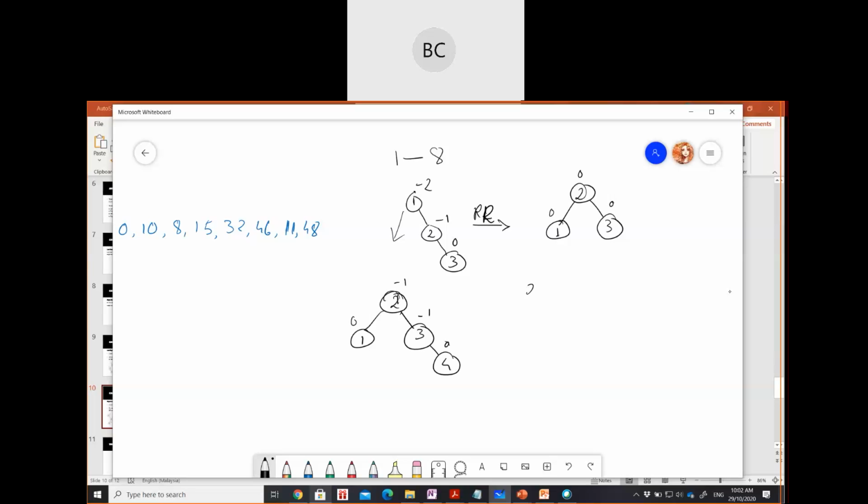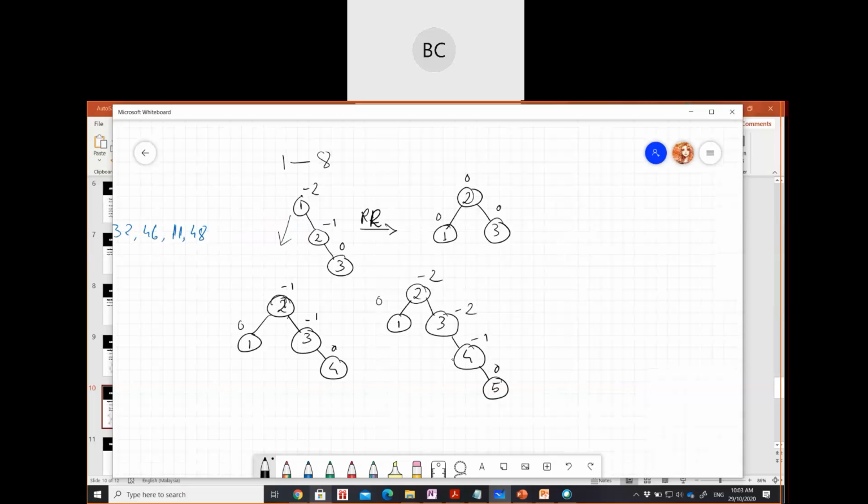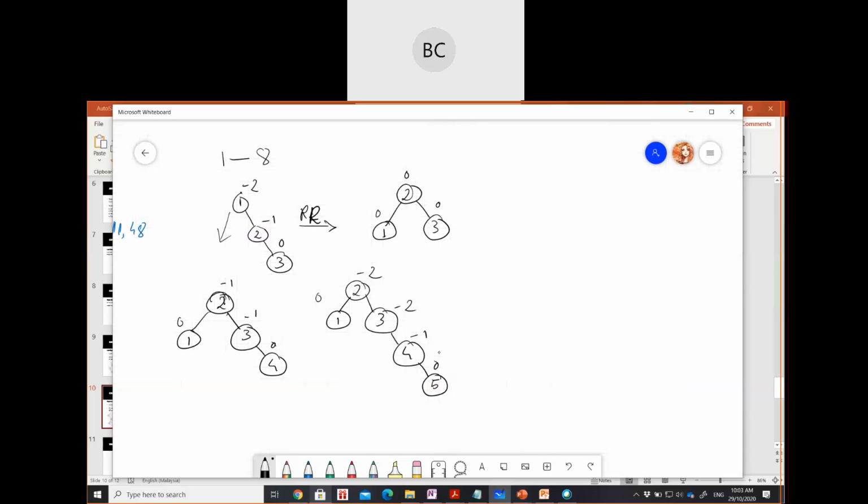Again I add 5. Number 5, I have to put on the right side of here, right? So the balance factor for this one is -2, and for this one -1, 0 and 0. Now what do I have to do? Again I added to the right side of the right subtree, so it will be an RR rotation.